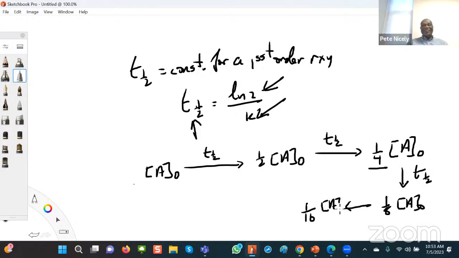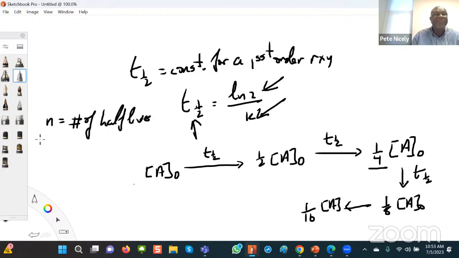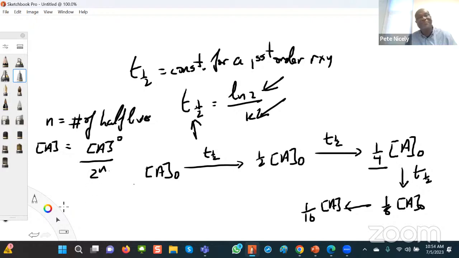So basically, if N is equal to the number of half-lives, then the concentration of A would be equal to the initial concentration of A divided by 2 to the N, all right?